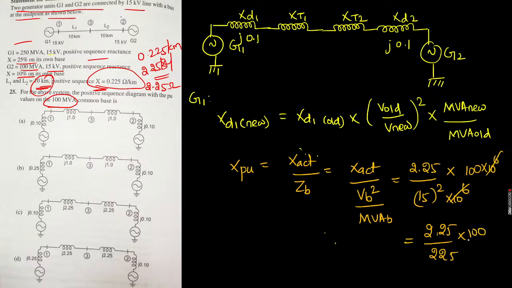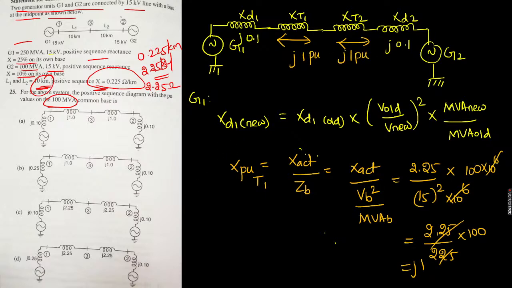Multiply by this 100 and 225 gets cancelled out. I am getting j1. That is the transmission line reactance. They have given two transmission lines, transmission line 1 and transmission line 2, but the question said both are equal. So you are going to get j1 per unit here also.